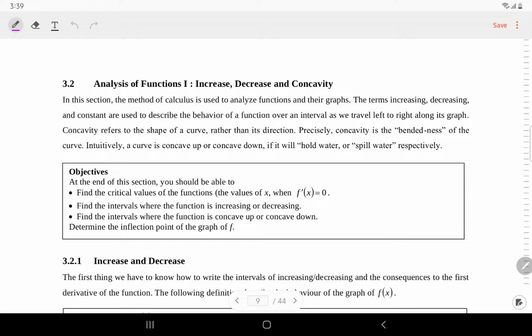We want to know whether the graph of the function is increasing or decreasing, and how about the concavity of the graph of the function, whether it is concave up or concave down. Concave down, we call it convex.